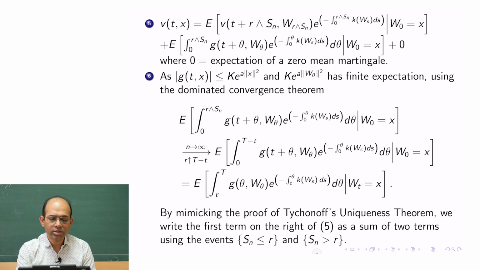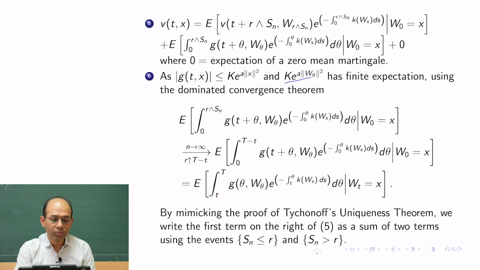Using this, we can dominate g of t comma w theta by one random variable with finite expectation, because the right hand side, k times e to the a w theta whole squared, does not depend on time t. So this is used for applying the dominated convergence theorem.